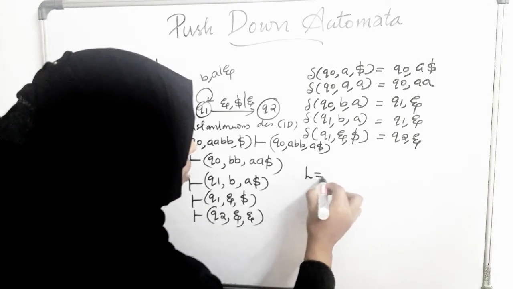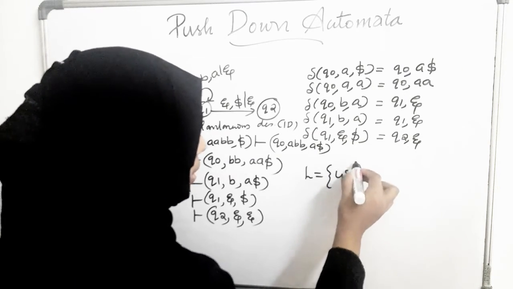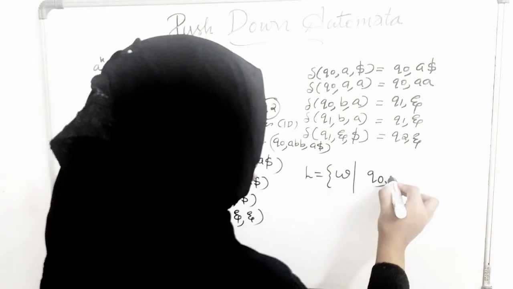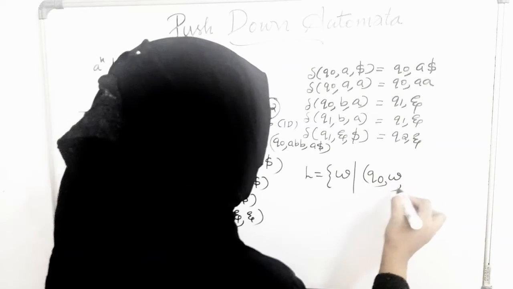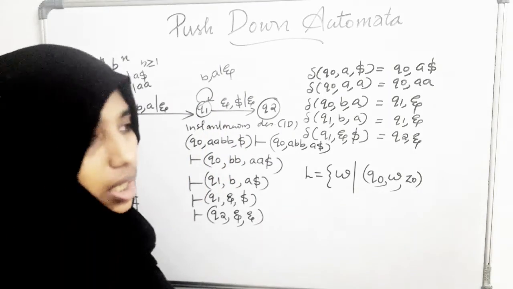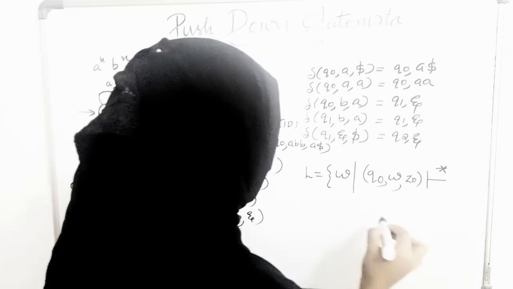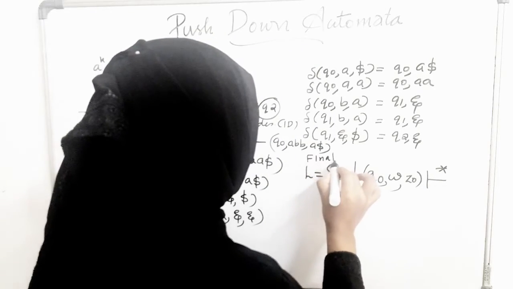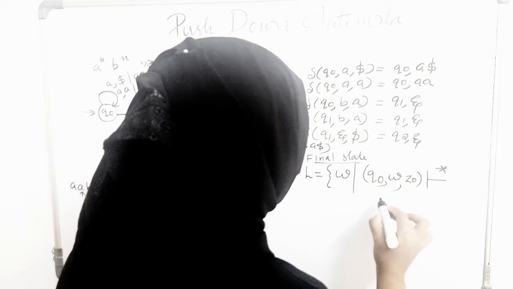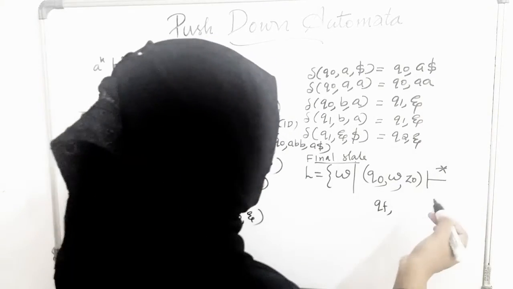A language accepted by final state can be written as follows: all the strings W in the language will be accepted such that when it is in the initial state Q0, when W is applied and when Z0 is the top of the stack, which indicates the start symbol in the stack, in one or more moves you will reach a final state QF, where QF is an element of the set of final states.